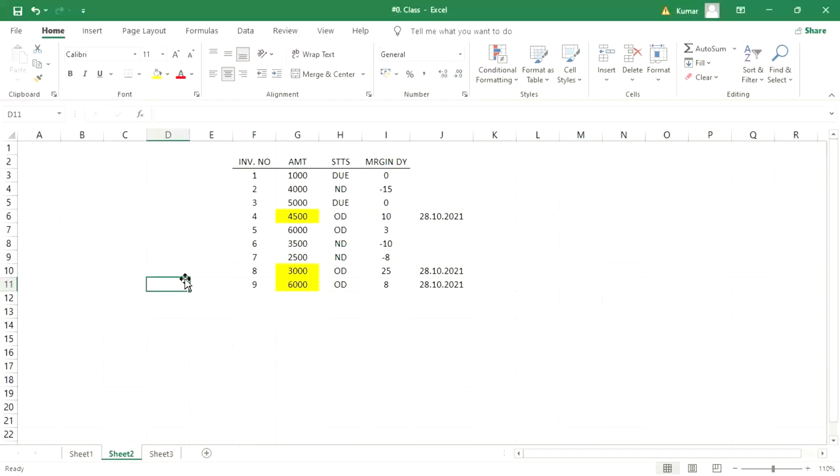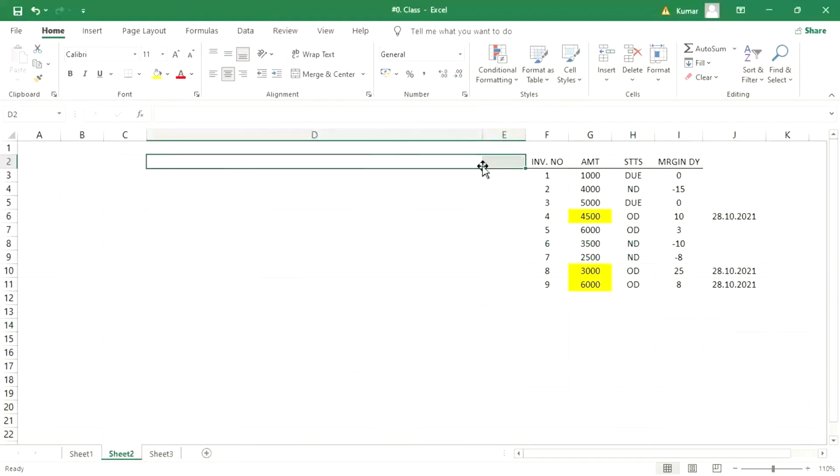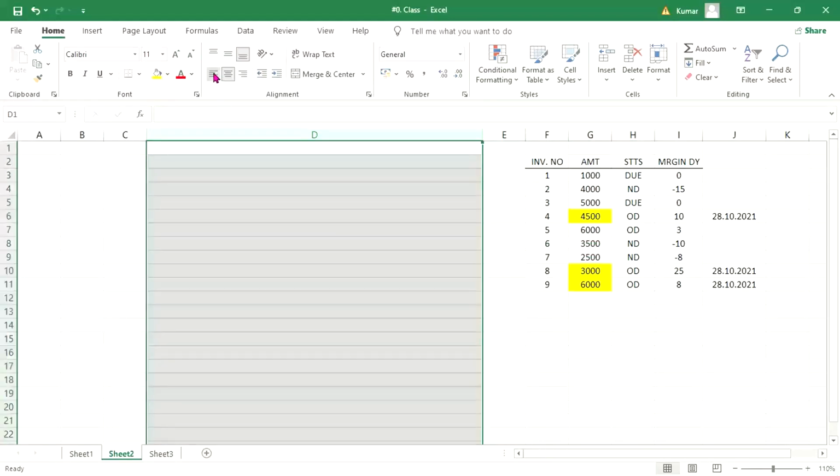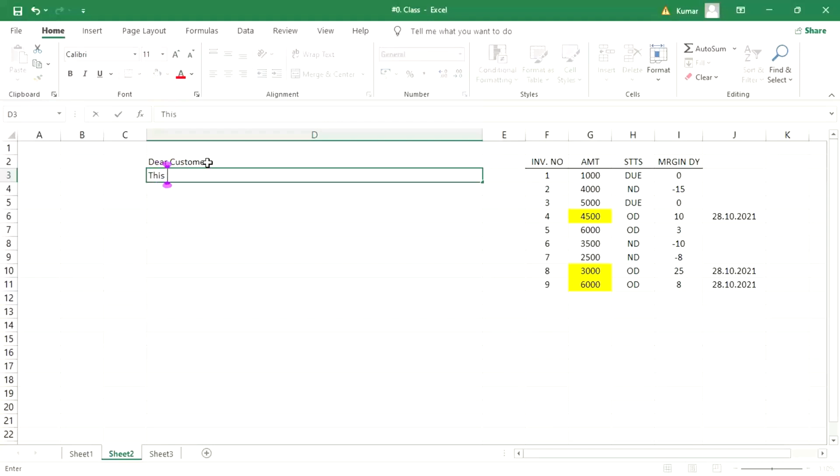I'll tell you. When we talk about a letter, what are we going to write? Let's suppose we write here. First thing is, dear customer, this is to inform you or notify you that the invoice number so and so.